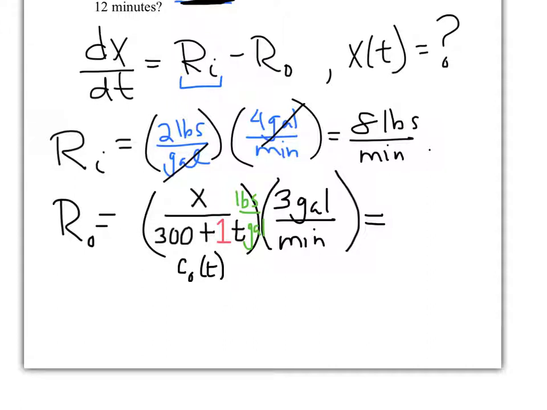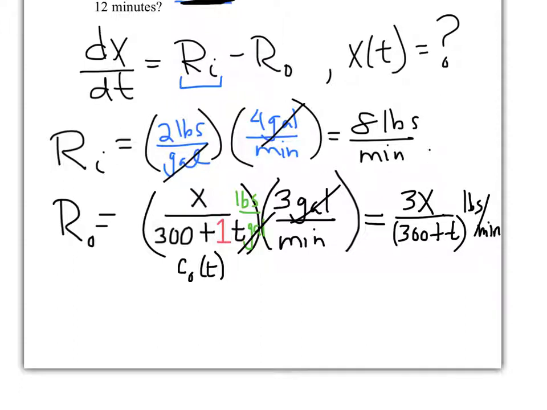Now my gallons are gone, and I am left with 3x divided by 300 plus t. I'll write that in parentheses. And again, this is pounds per minute.